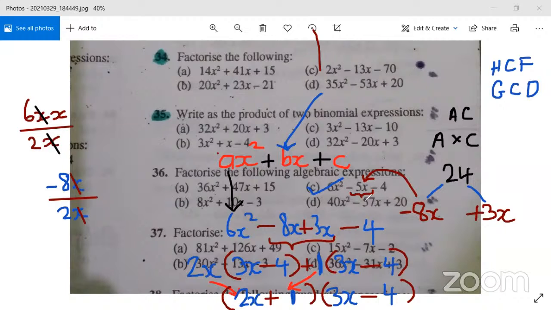And so that is technically a division, which is what we just did. Because we divided 6x squared by 2x. We divided minus 8x by 2x. We were using what is called the greatest common divisor. So what we've been doing the entire time, we've been dividing, right? We have been dividing.